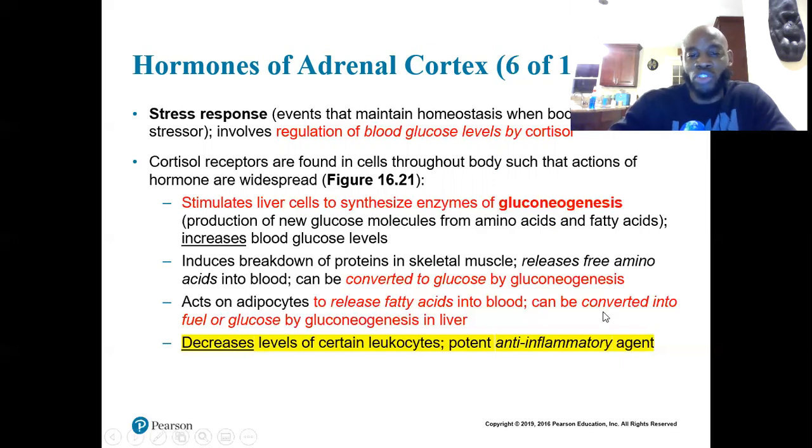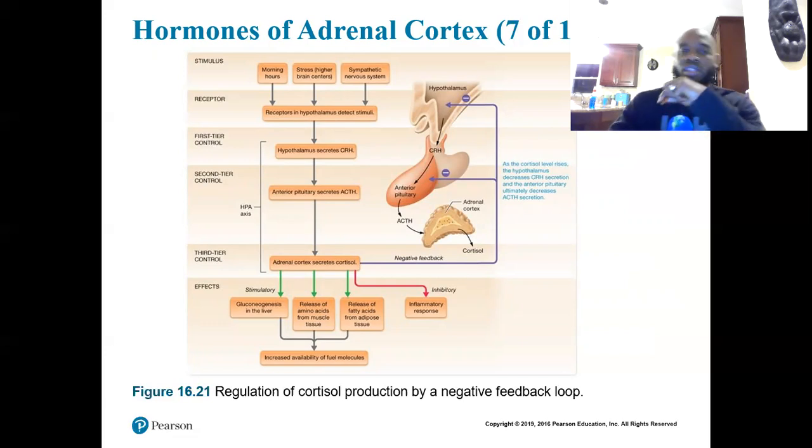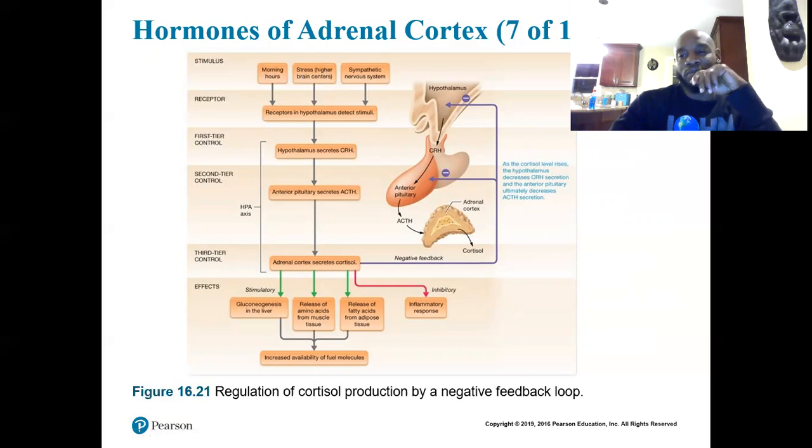All right, so this is what happens when we're stressed. Our bodies make more glucose. We can break down muscle. We can break down fat, make more glucose, make more energy. The stimulus can be, I'm waking up in the morning, I'm getting going. The stimulus could be stress. The professor is about to give me a hard test, and I'm stressed out.